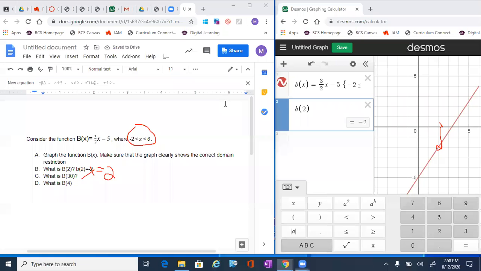I'm just going to keep rolling this through a little bit more. It says, what is b of 30? The statement tells us right away that x can only go from negative 2 to positive 6, and 30 is where the x position is at. You can see x, b of x, and then b of 30. This red here tells me that 30 can't work because it's way above 6.